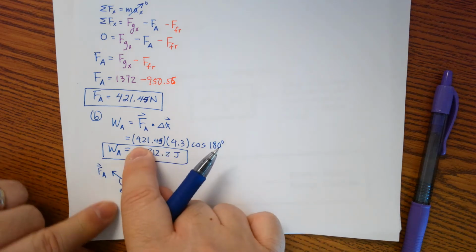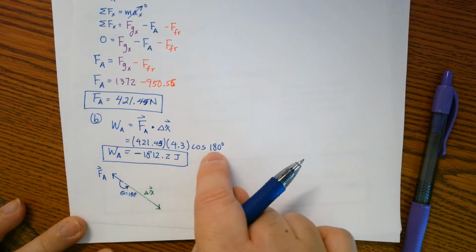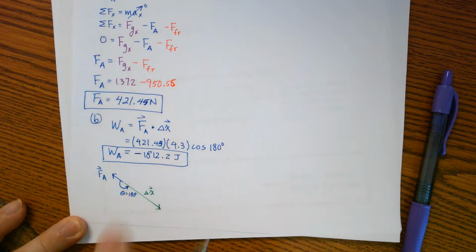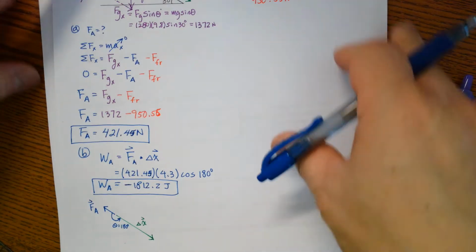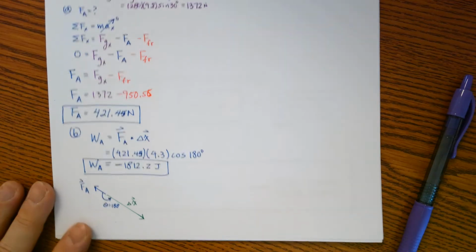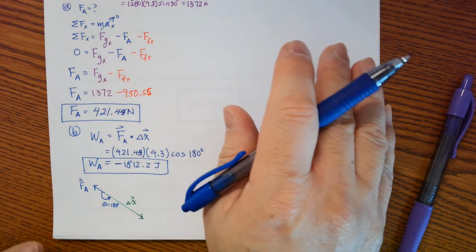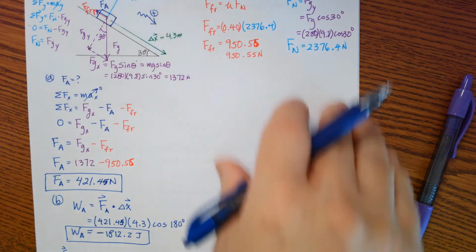If you work this out, you will get negative, because cosine of 180 is negative, 1812.2 joules. All right, and that's where we left off last Wednesday, and then we ran out of time. So now let's take a look at part C.